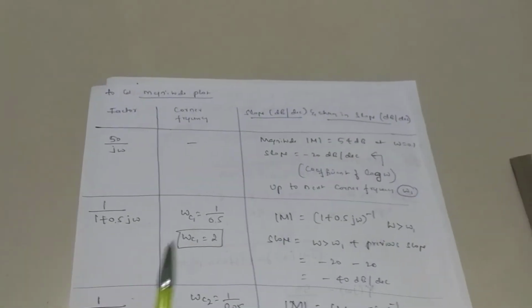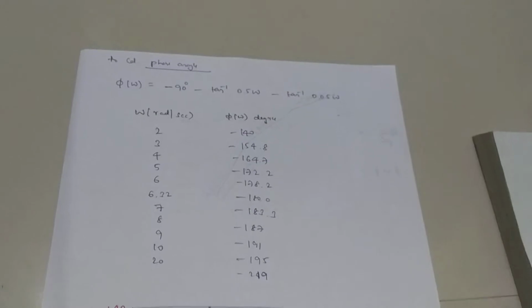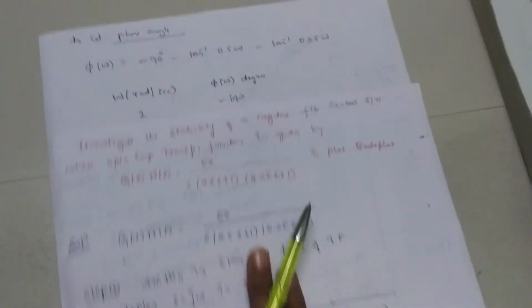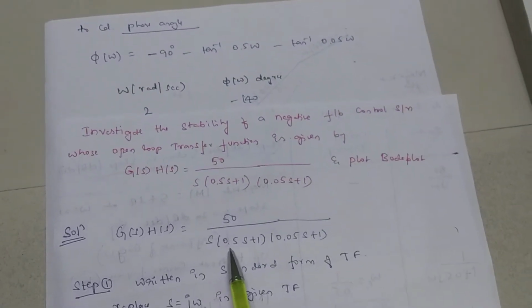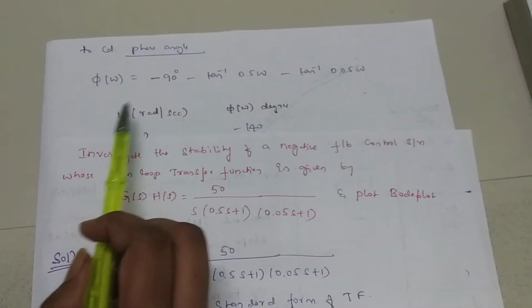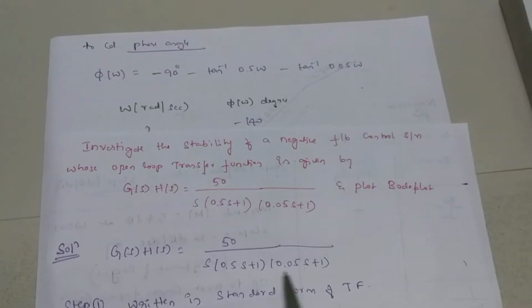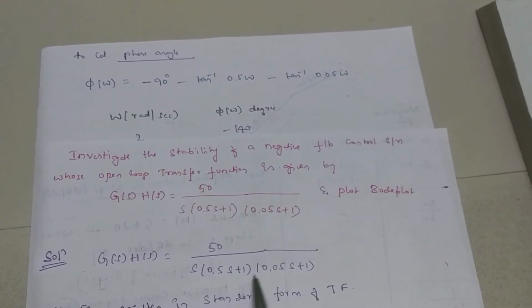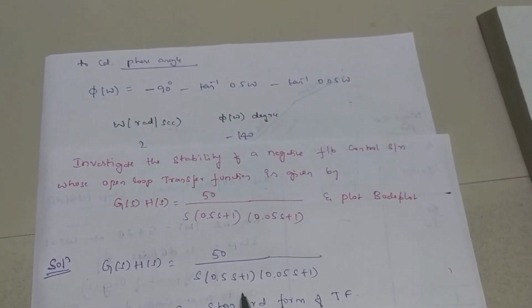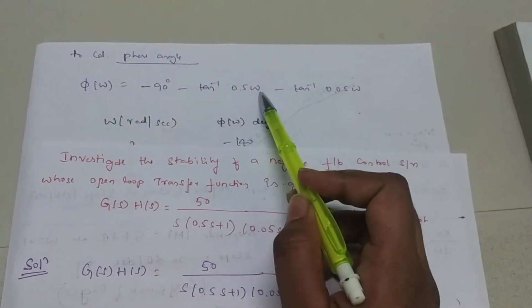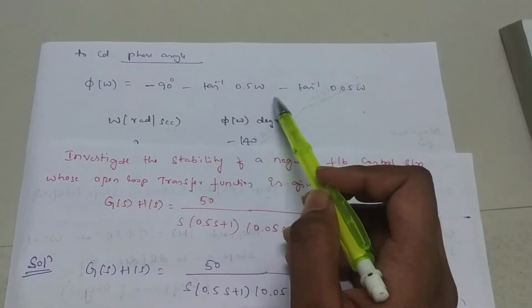Similarly, we need to find out the phase angle. So how do we find the phase angle here? In a given system we have a transfer function, and for this transfer function we need to find the angle. If it is x plus jy, the angle is tan inverse of y by x, that is tan inverse of 0.5 by 1, that's why we have taken 0.5 omega.